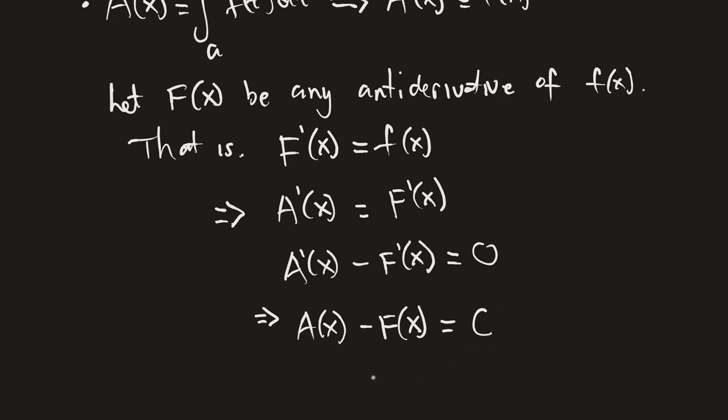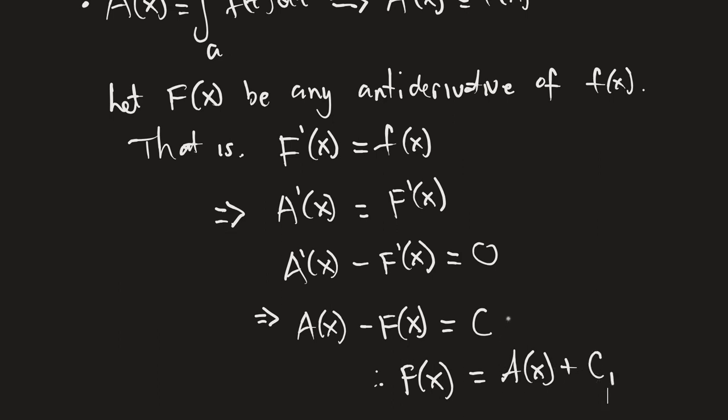So if I solve this equation and move stuff around, I get that big F of x is A of x plus some other constant, c1. I just relabeled it.